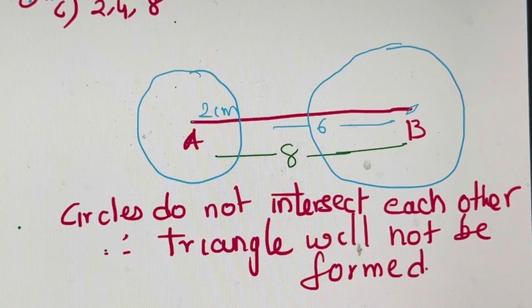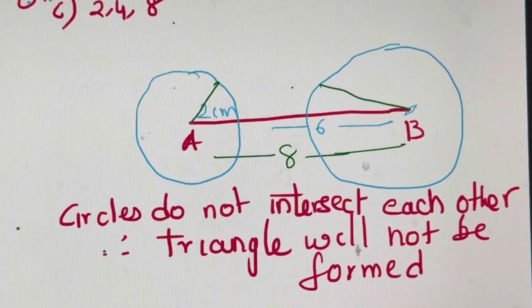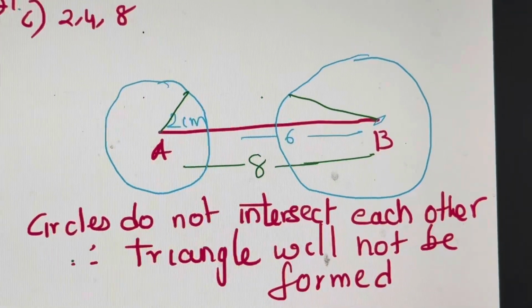Right, so again here you can check whether, like if I draw 2 centimeter here and this is 4 centimeter, so I need to extend any one of the length, then only you can form a triangle. It stops somewhere here, so triangle cannot be formed for question C.